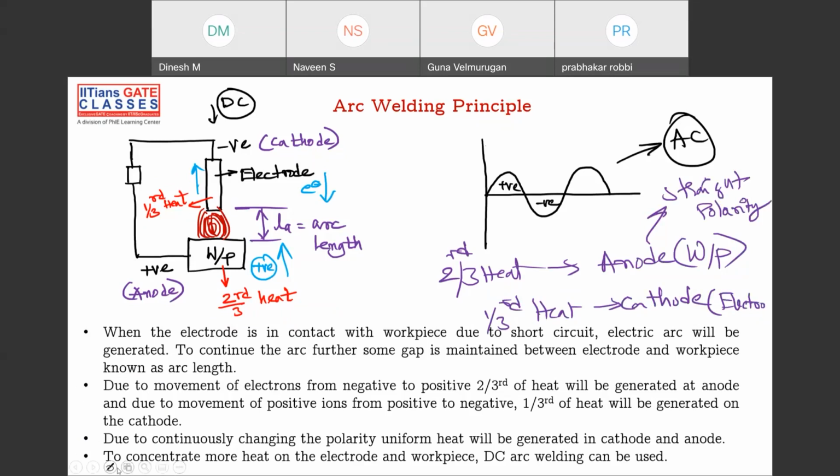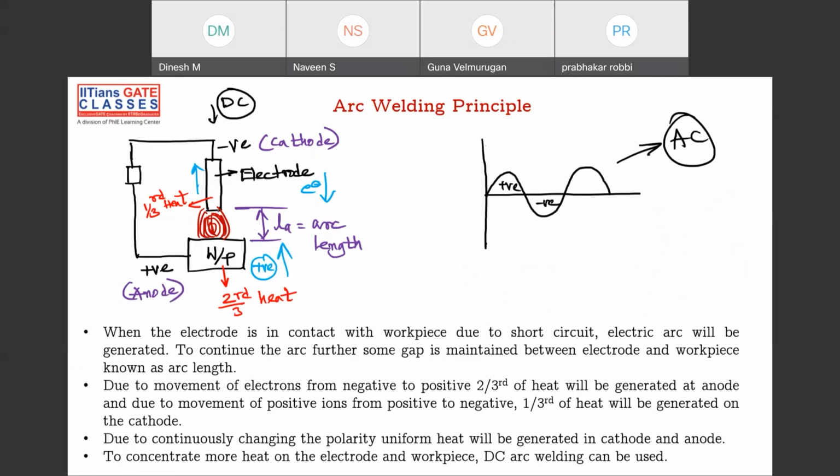fine. And I told you that there is a distance between electrode and the workpiece that is known as arc length. It cannot be very short, it cannot be very high also. It can be short, but it cannot be very high. If your distance between electrode and the workpiece is very high, the arc will not sustain.